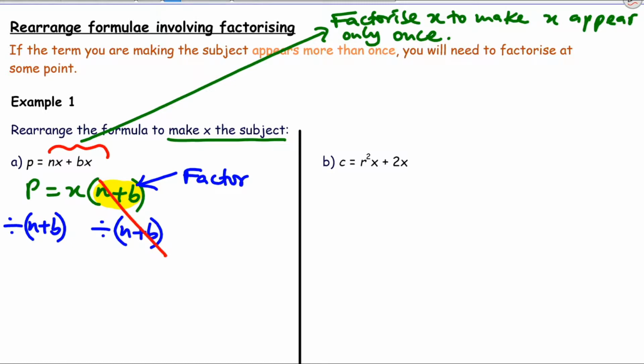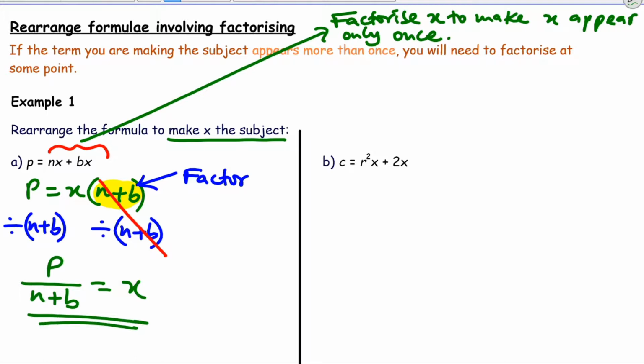It's just like if you divide something by itself, 3 divided by 3 will be equal to 1, 4 divided by 4 will be equal to 1. So what we will be left with is x equal to p over n plus b.